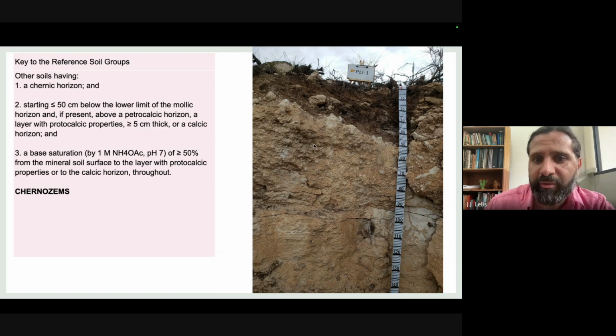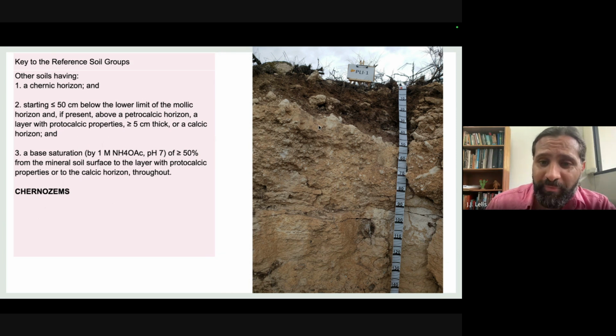The petrocalcic horizon is a horizon that was cemented by calcium carbonate. So we have in this case a Chernic horizon above a petrocalcic horizon. Because of this, we can register that we have a Chernozem, because we also have a base saturation that's equal to or higher than 50% from the mineral soil surface to the layer with petrocalcic properties or the calcic horizon. So we must register below this Chernic horizon a high base saturation.